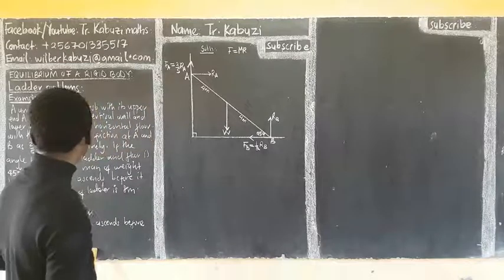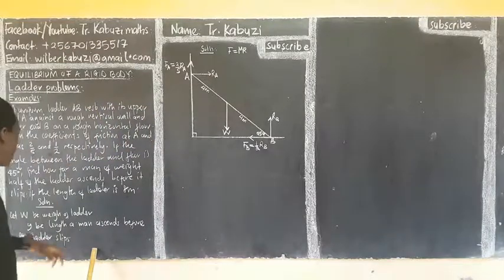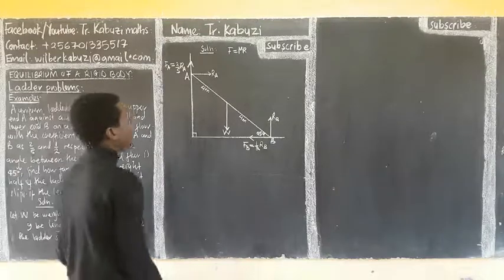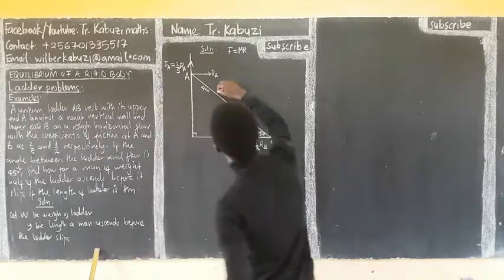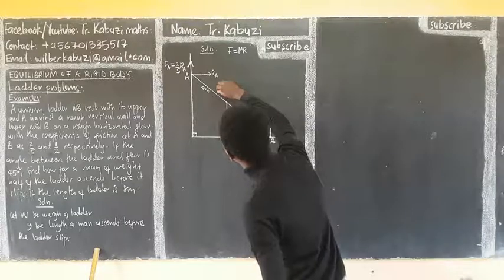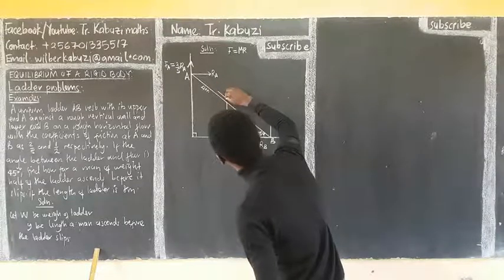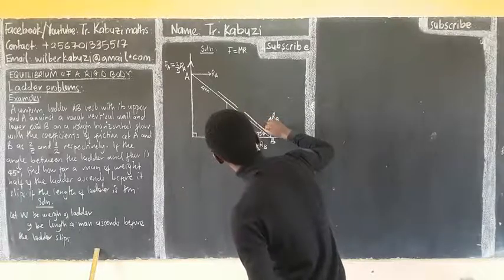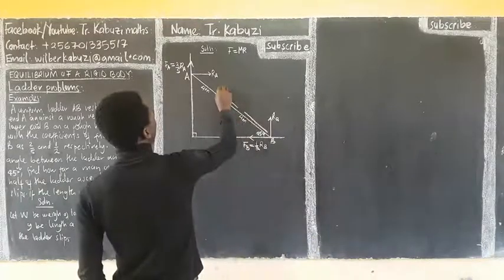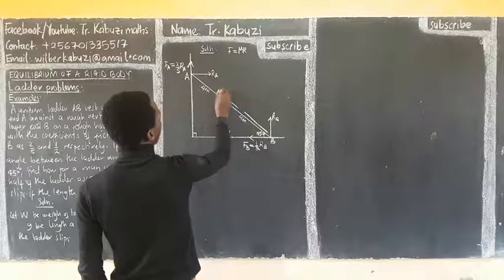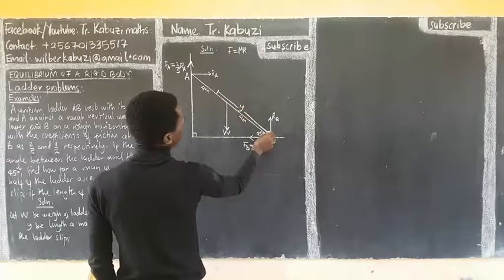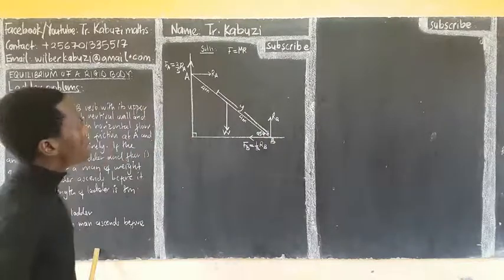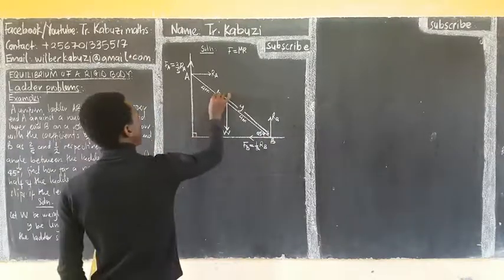Now let Y be the length the man ascends before the ladder slips. So let me say from here up to here is going to be my Y. This man is going to ascend distance Y before the ladder slips. It means that the weight of this man is going to act here.